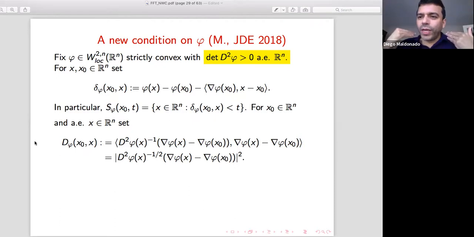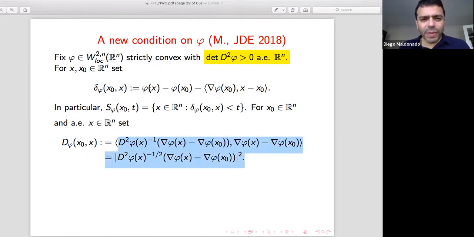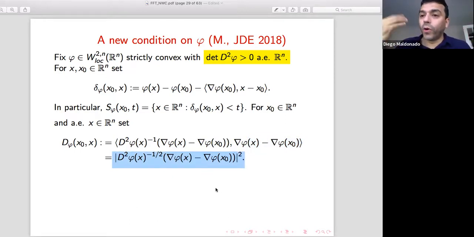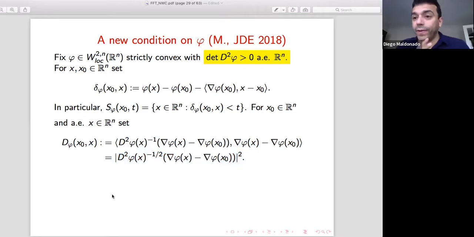If you fall back to the typical paraboloid, this is going to be just the distance from x to x0 squared. Maybe this one is going to be 1/2 of the distance squared, the Euclidean distance, and this is going to be just x minus x0 squared, for the usual reference of the paraboloid.